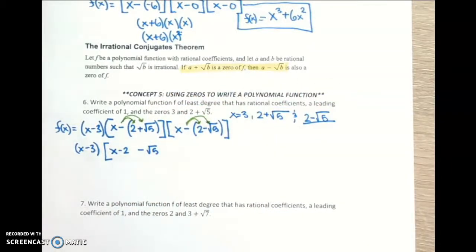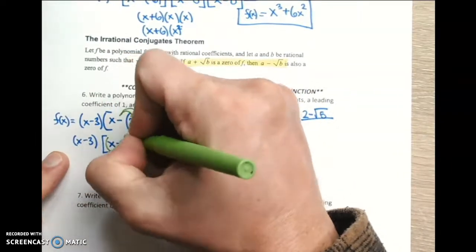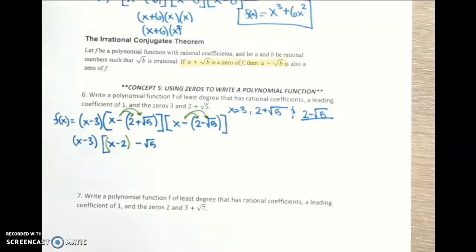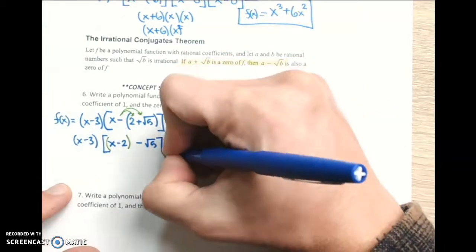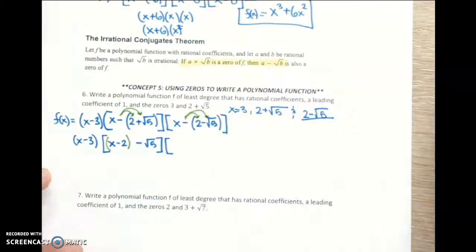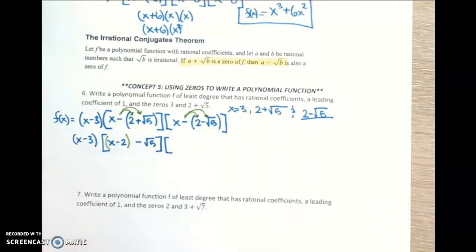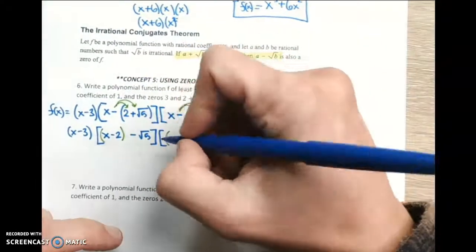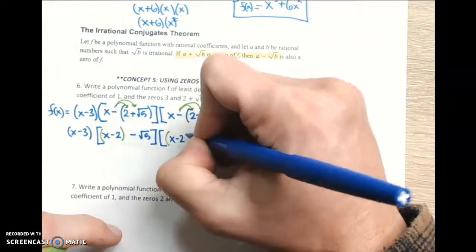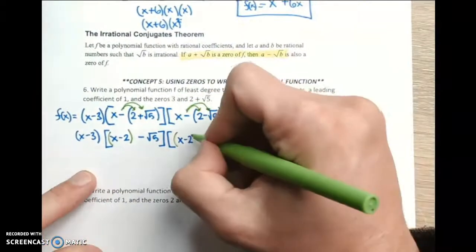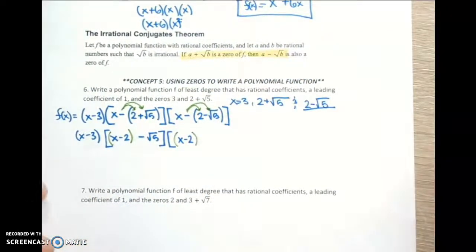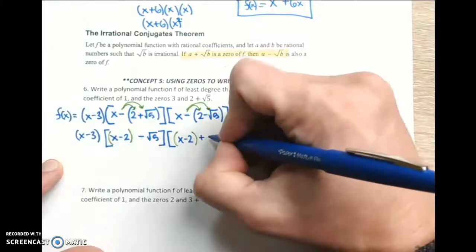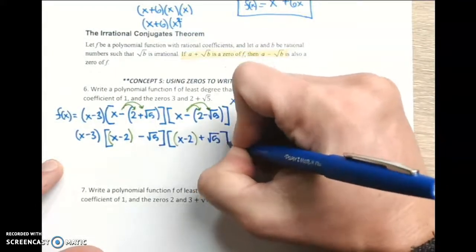And then if I put this in parentheses here and distribute, I get -2 plus root 5.